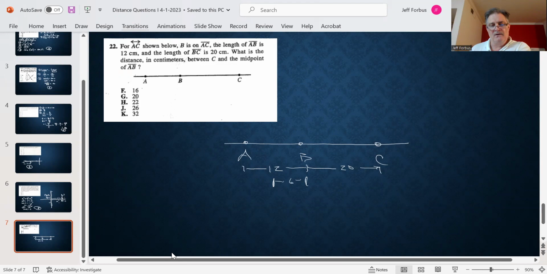And you know the distance from B to C is 20. And so therefore, the distance between the midpoint of AB and C is a total of 26. And that turns out to be answer choice J.